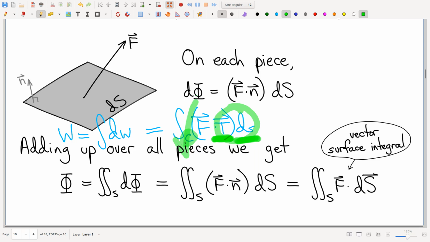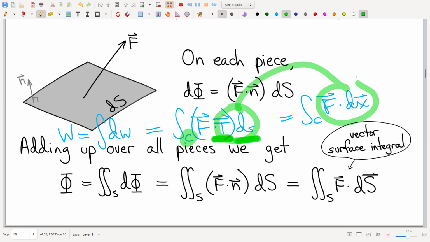So I think it just makes loads of sense to rewrite this. Whoops, sorry, back to blue here. This is a pretty common choice: to rewrite this as f dot dx, the idea being that the T ds is telling us everything we need to know about our little piece of curve.